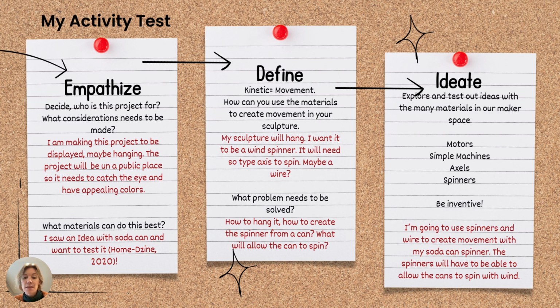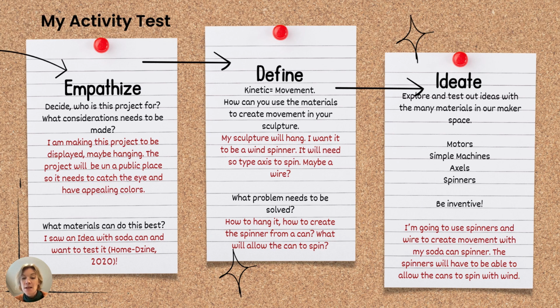So, as I began to ideate on my idea, I am excited about this spinner idea. I know it needs to create movement and it will have to have some kind of wind.